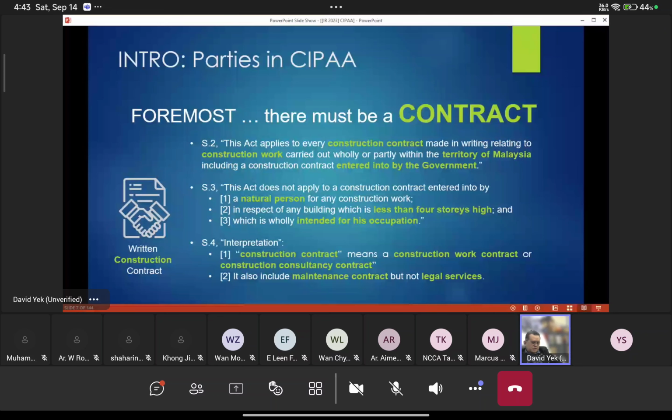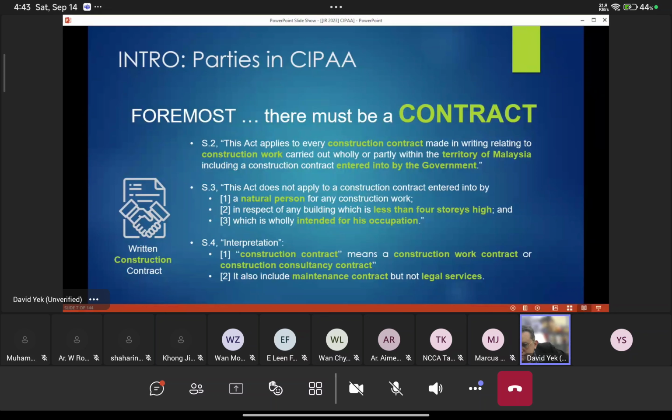Then, of course, the other more drastic position is to wind up the other company. But this is quite unsettled at the moment because there was one court decision saying that the decision of SIPA is as good as a court decision, therefore it can be immediately enforced to serve the petition of winding up. But other decisions say that no, SIPA is just temporary finality. You cannot base your SIPA decision to wind up another company. So it's still unsettled at this moment.